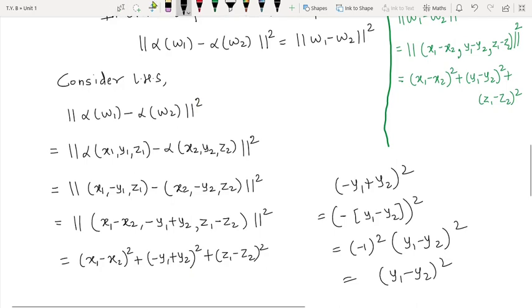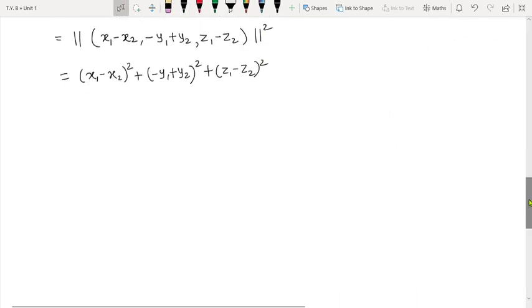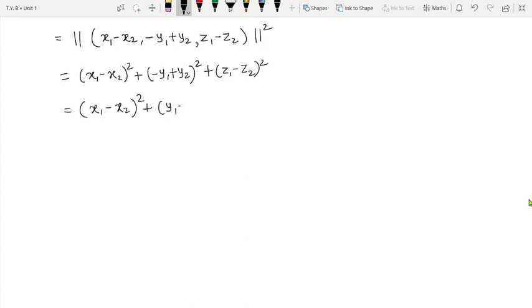So first of all I'll erase this, which is the same as x1 minus x2 whole square plus y1 minus y2 whole square plus z1 minus z2 whole square, which is exactly the norm of w1 minus w2 whole square, that is equal to RHS. Therefore what have we proved?